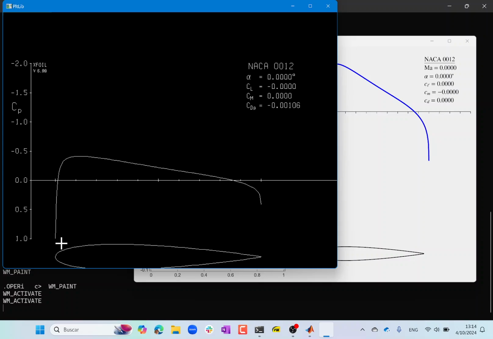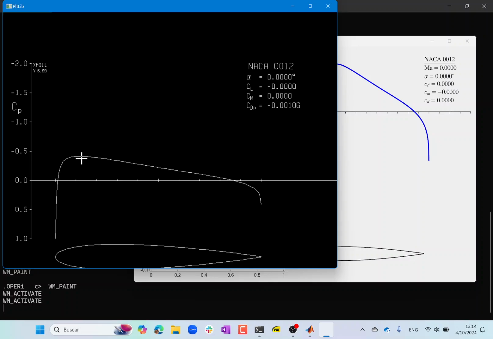The pressure coefficient is actually defined purposefully so that a pressure coefficient equal to 1 means a speed of 0. Just remember that. So Cp equal to 1, the bottom, is 0 speed, and that should correspond exactly to the leading edge. If you look at the x location of pressure coefficient equal to 1, that's the stagnation point at the leading edge with velocity equal to 0.